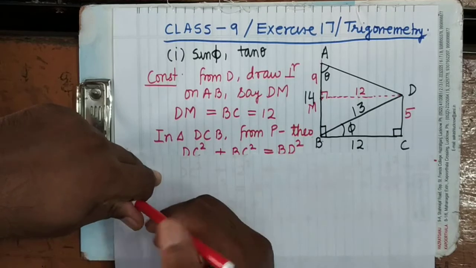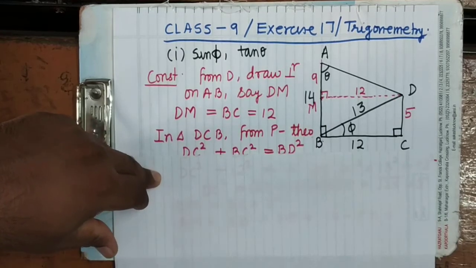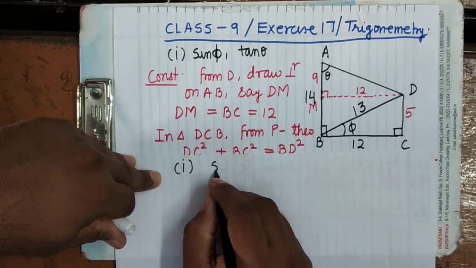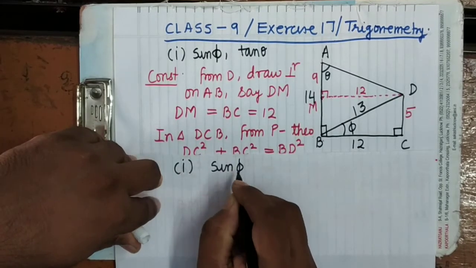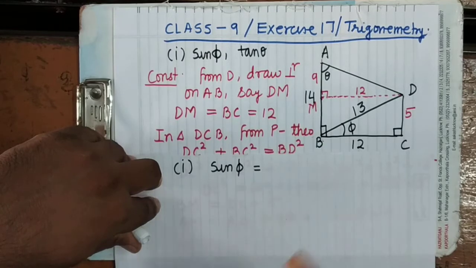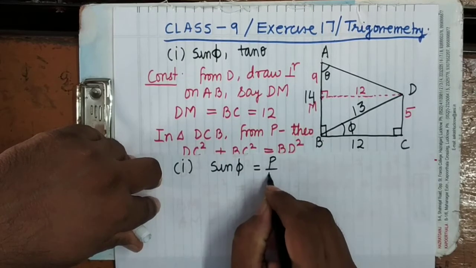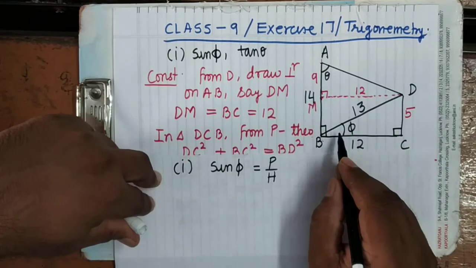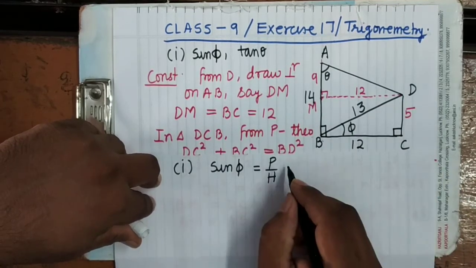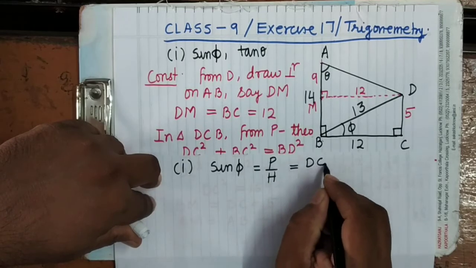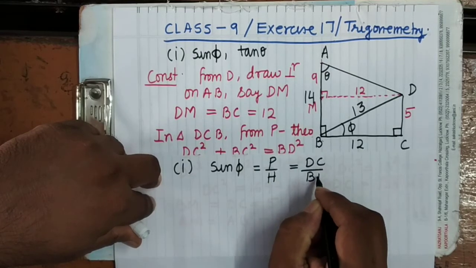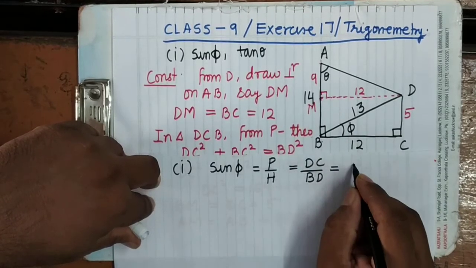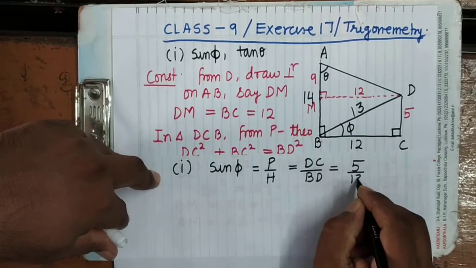Sin phi will be equal to, sin equals perpendicular upon hypotenuse. In this right angle triangle, the perpendicular with respect to phi is DC and the hypotenuse is BD. Hypotenuse is always in front of 90, so it is BD. So it will be equal to 5 upon 13.